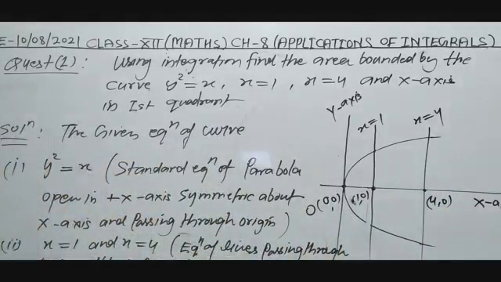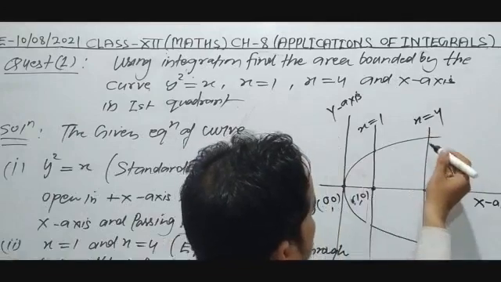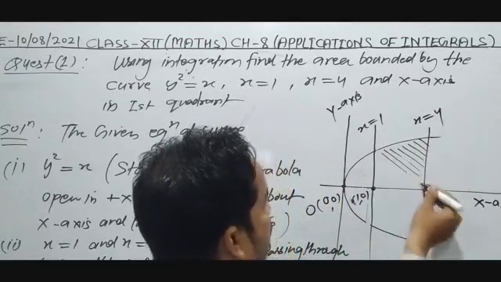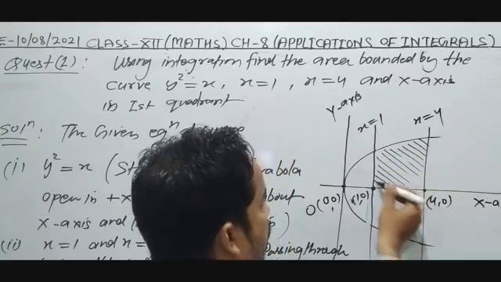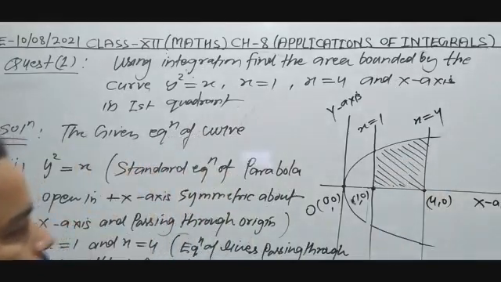This is the first quadrant and this is the x-axis. So we have to calculate the area bounded by the curve y square is equal to x, x is equal to 1, x is equal to 4. This area we have to calculate.